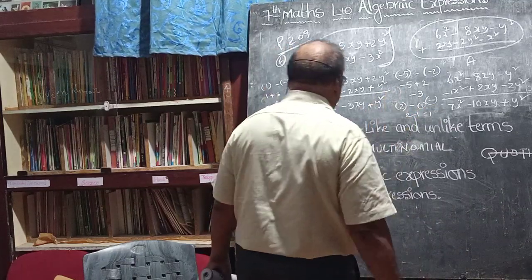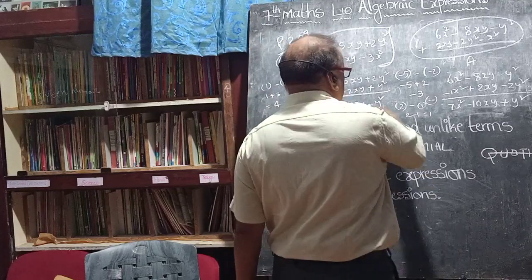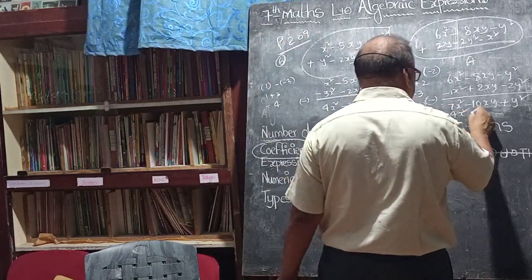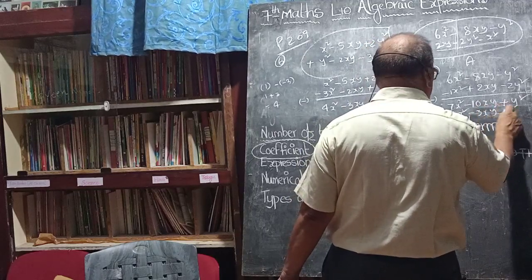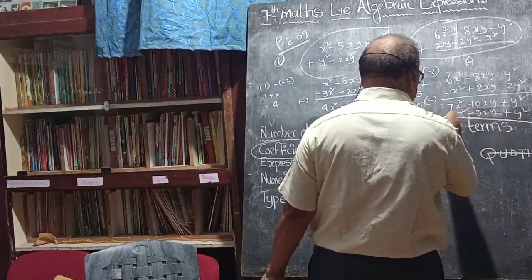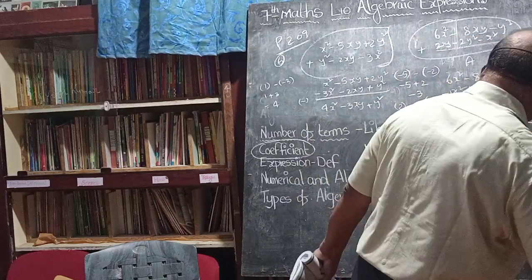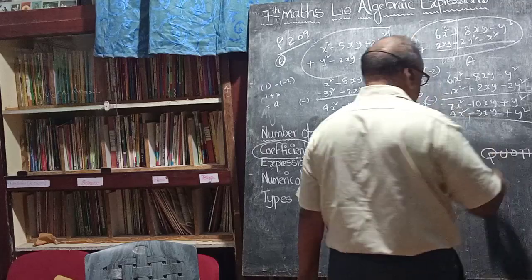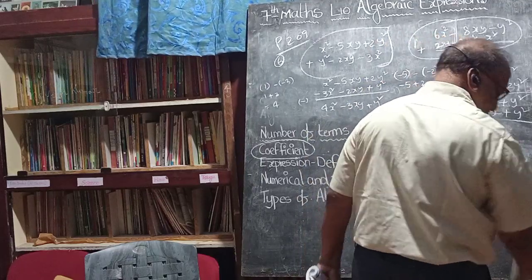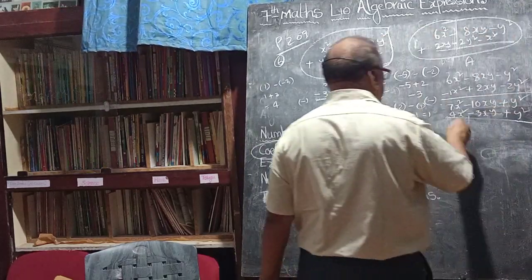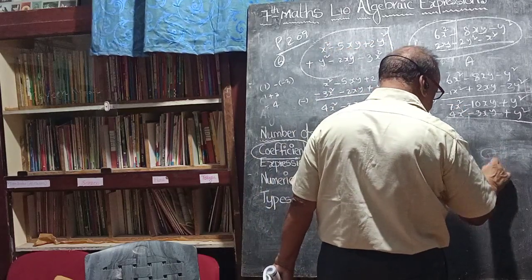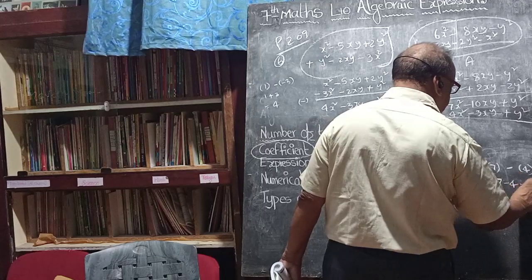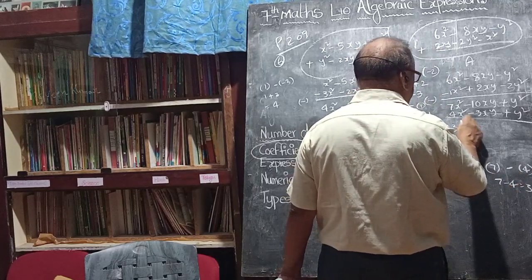Understood? So now we subtract this, that is 4x square minus 3xy plus y square, from this one. Here again 7 minus 4 is equal to 3, so this is 3x square.